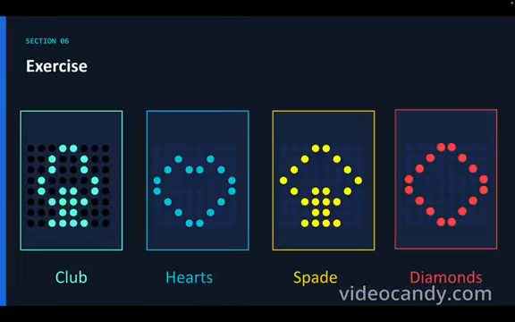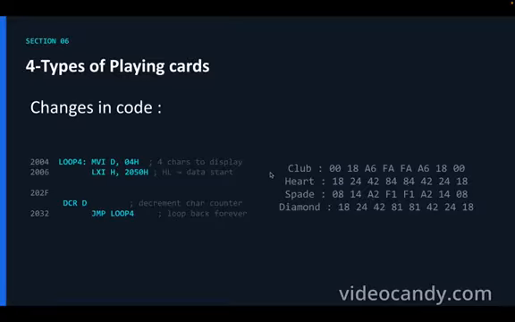So let's talk about the small exercise that I did for this experiment. I tried to print the 4 patterns on the playing card, which is the club, the heart, the spade and the diamond. It was a very interesting exercise, and I calculated the data for each of these patterns myself, which is shown here for the club, the heart, the spade and the diamond.